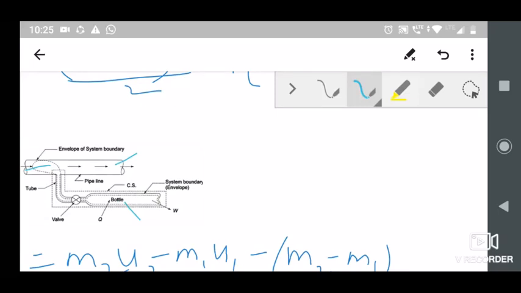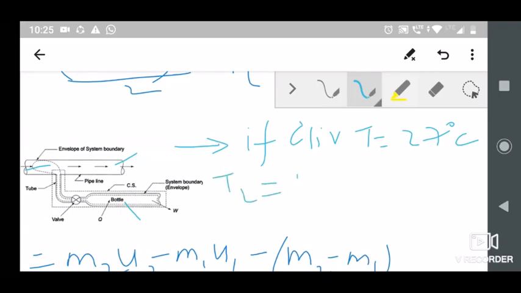For this case, this is a case of adiabatic filling of a bottle, where air is at a temperature of 27 degrees centigrade. Then T2 is equal to 1.4 into 27 plus 273.